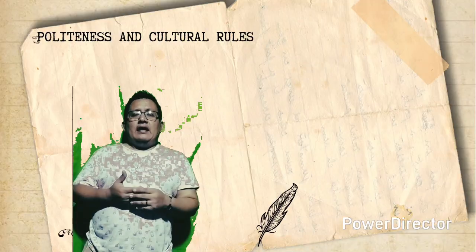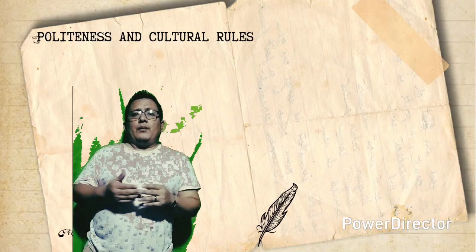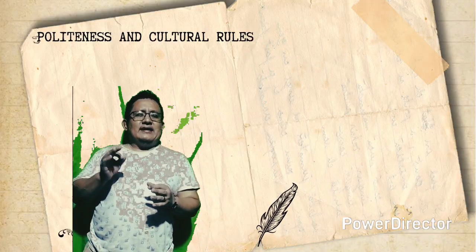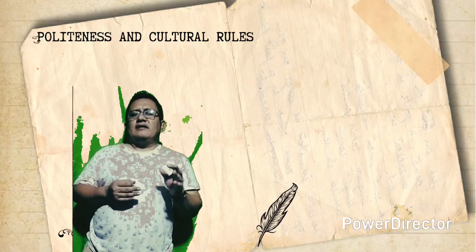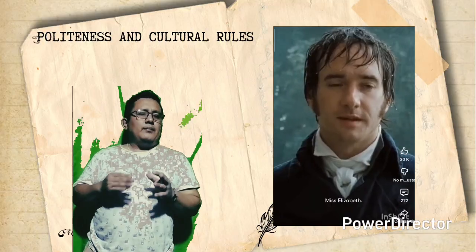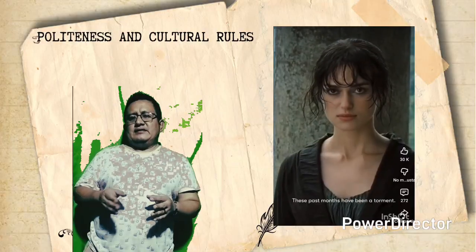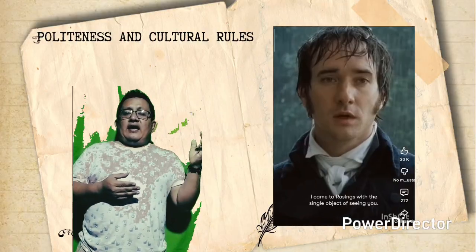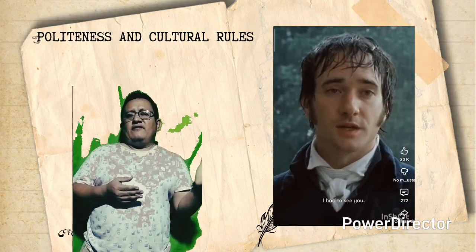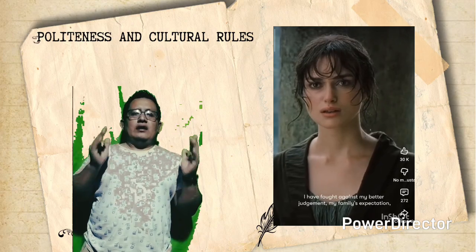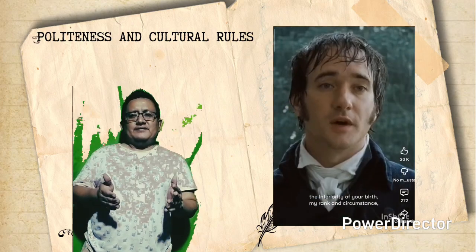For example, Darcy's first proposal scene is linguistically fascinating. He tries to follow social politeness norms, but his wording reveals arrogance. "In vain have I struggled, my feelings will not be repressed."